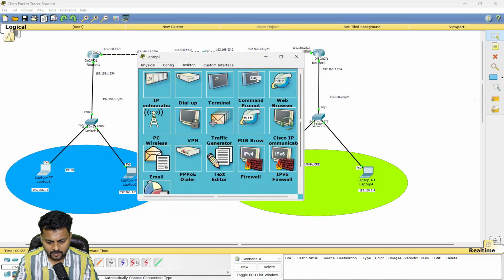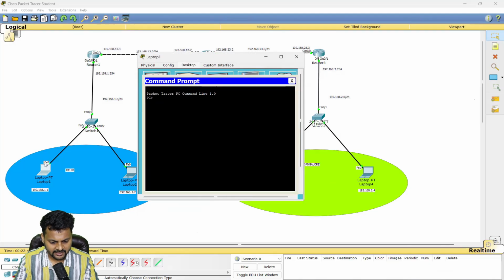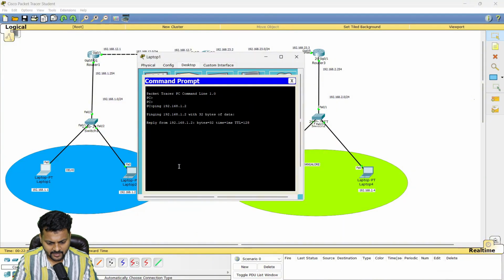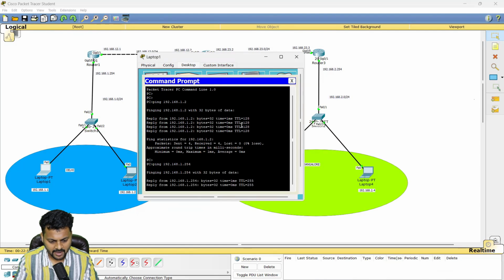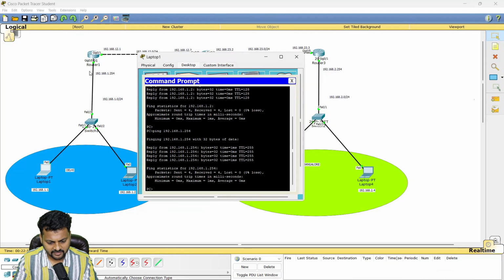Now it's time to check the connectivity. I'll first ping the same subnet, 1.2. If the ping works, it means my LAN communication is good right now. Now let's ping the default gateway, which is 254. Awesome. I have connectivity up to the default gateway.